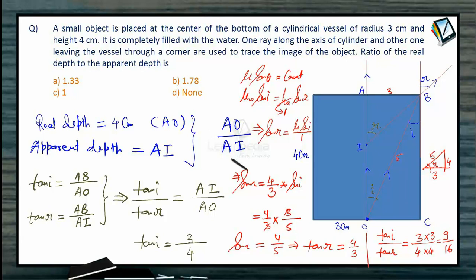So AO upon AI in fact is tan R upon tan I, which means our answer is 16 divided by 9. So the ratio of the real depth to the apparent depth is 16 divided by 9, which is approximately 1.78. So in this question, option B will be the correct option.